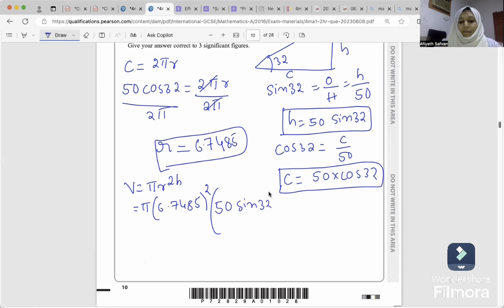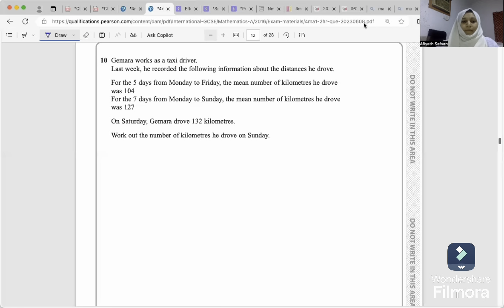Just simplification, use your calculator: pi into 6.7485 square into 50 into sine 32, which is going to be 3,790 centimeter cube.